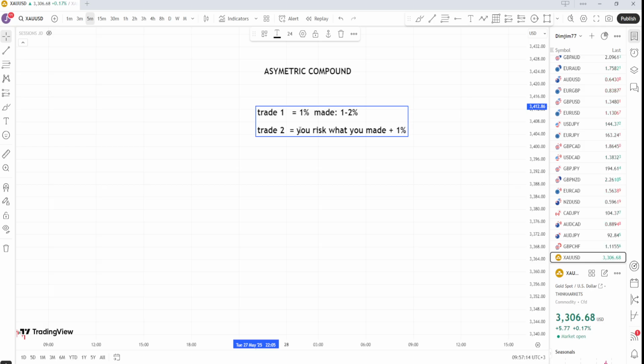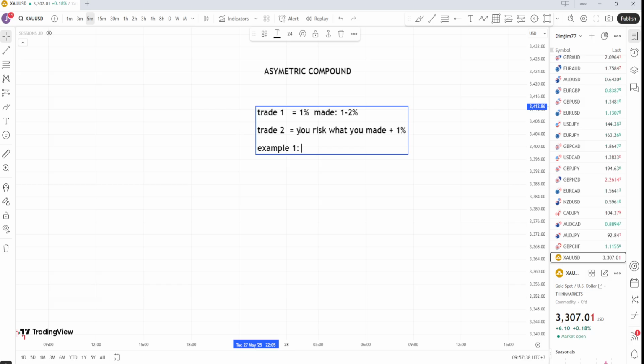So in the next trade, let's see that example. Example 1. Let's say you made 1 to 1, right? So you risk 1%, and you made 1%, so you go from 100K to 101K.